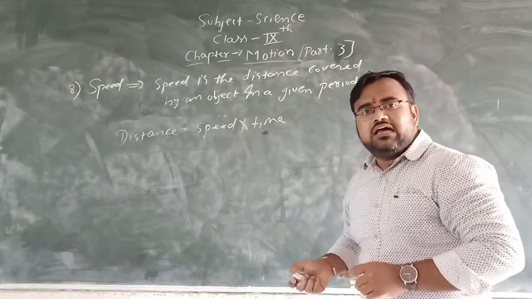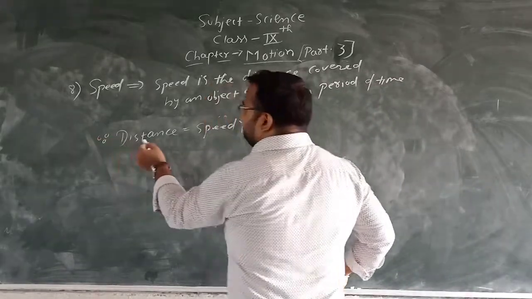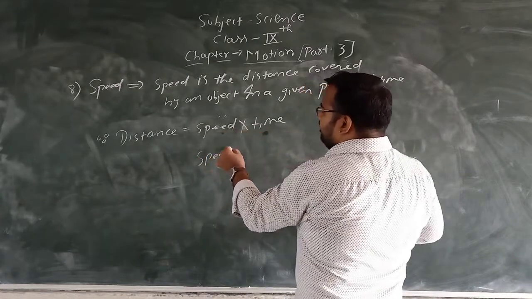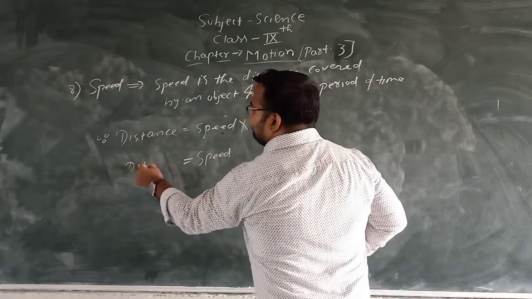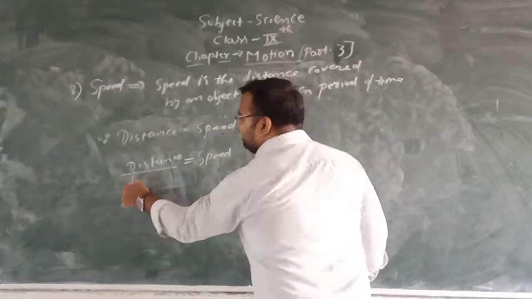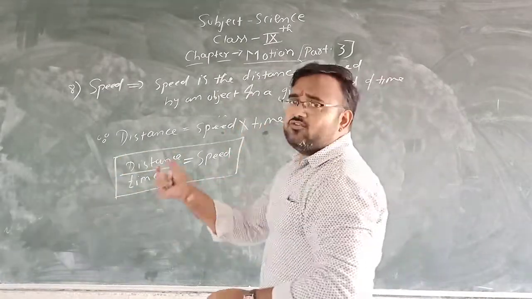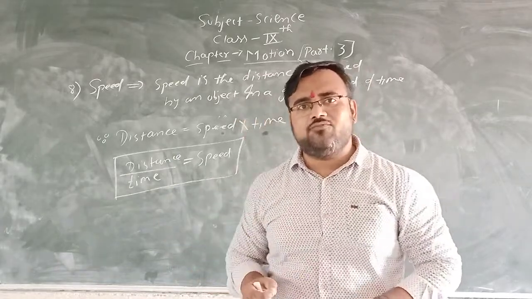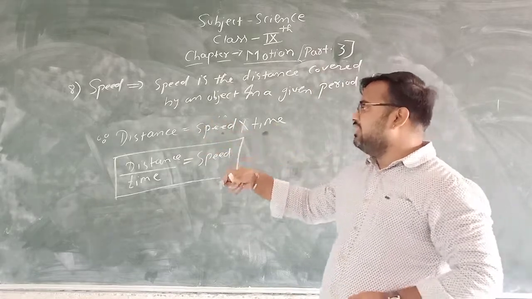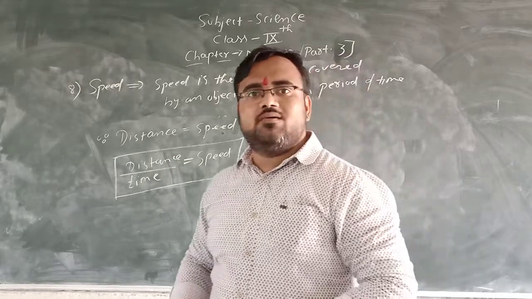So by this formula, we can generate the formula of speed. Since distance is equal to speed into time, therefore, speed is equal to distance upon time. Multiplication becomes division. So always don't learn the formula by heart, just understand it. Speed is equal to distance upon time.